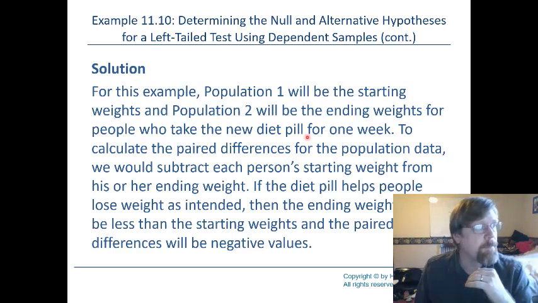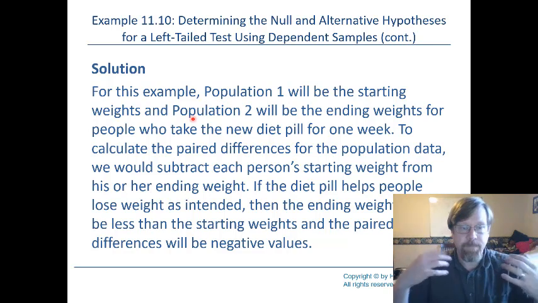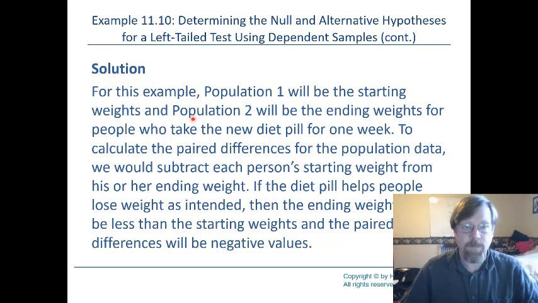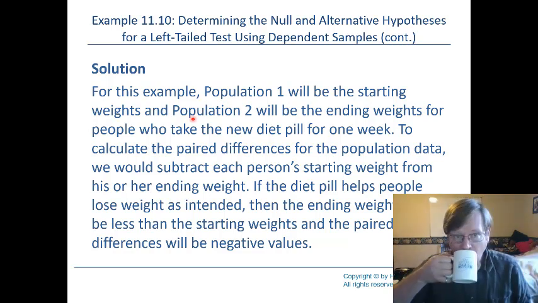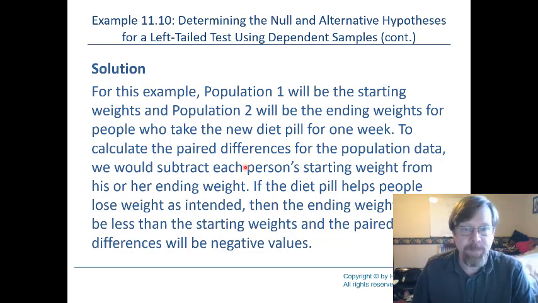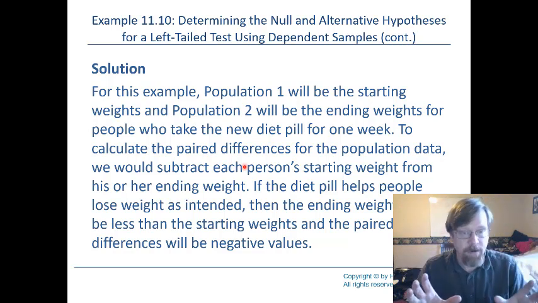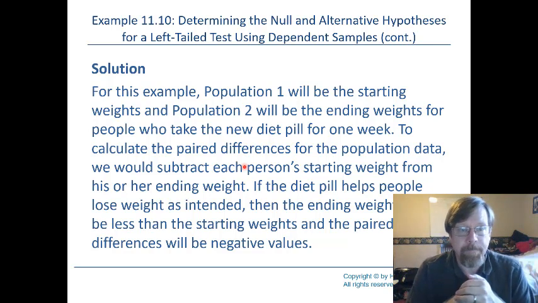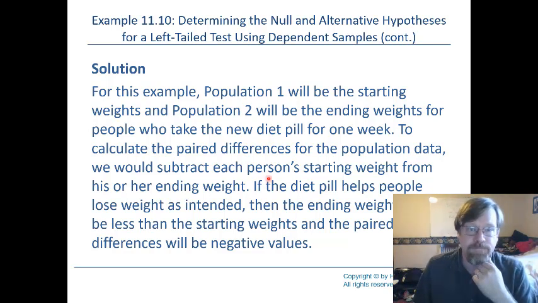Right, so population 1 is that initial starting weight. Population 2 is the post-treatment value, so it's what it is after a week. We need to subtract each person's starting weight from each person's ending weight, so these values are paired. It matters which one we subtract from which one.